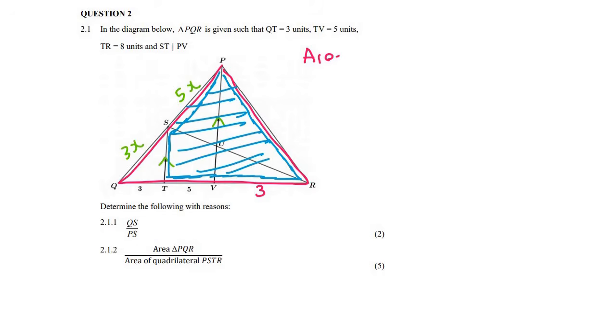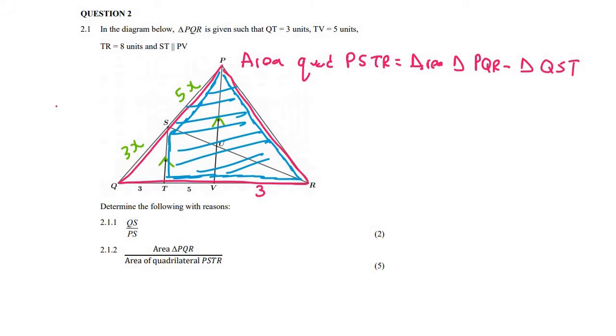So the area of quadrilateral PSTR is equal to the area of triangle PQR minus the small triangle QST. Pause the video if you need to and think about what I've just said. I'm saying that it's the big triangle minus this little piece. That'll give you the area of the quadrilateral.